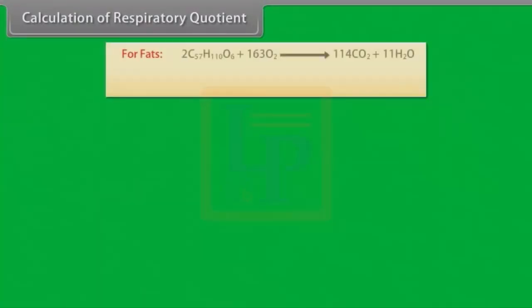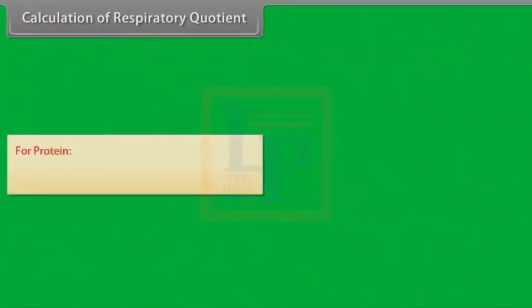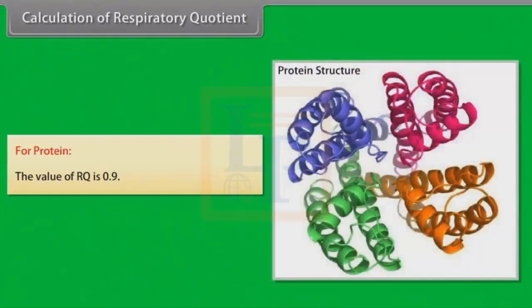For fats, 2 C57H110O6 plus 163 O2 gives 114 CO2 plus 110 H2O. The respiratory quotient is equal to 114 CO2 divided by 163 O2, which is equal to 0.7. For protein, the value of the respiratory quotient is 0.9.